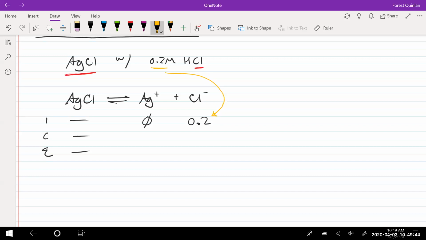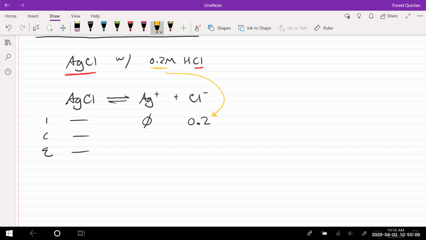Now, if we dump in some more Cl, let's go back to the things that we are a little more comfortable with. If we dump in more chlorines on the right, what is going to happen to the equilibrium? It's going to shift to the left. We are going to now mathematically show this common ion effect and actually quantify that.